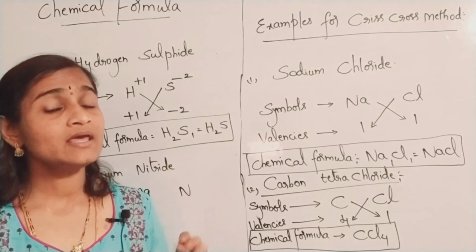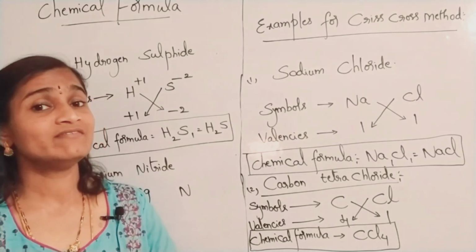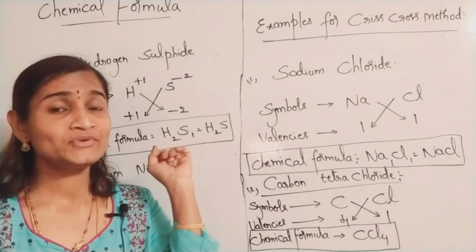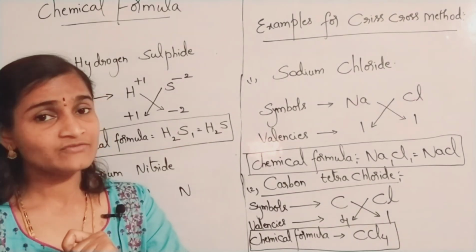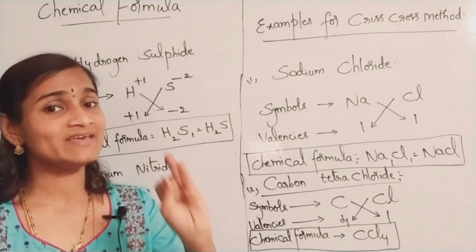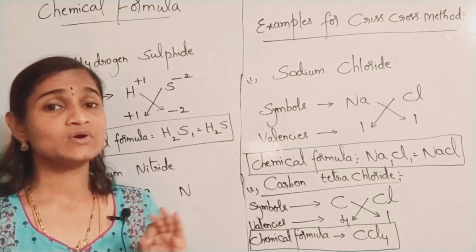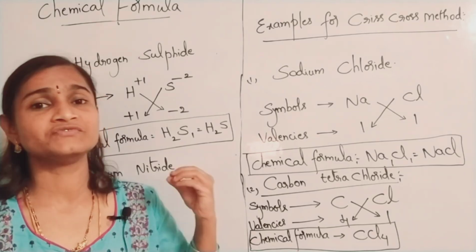A table will be given in your textbook with charges, and you have to memorize the table. There are many types of ions: monovalent, bivalent, trivalent, positive ions, negative ions, electropositive, electronegative.